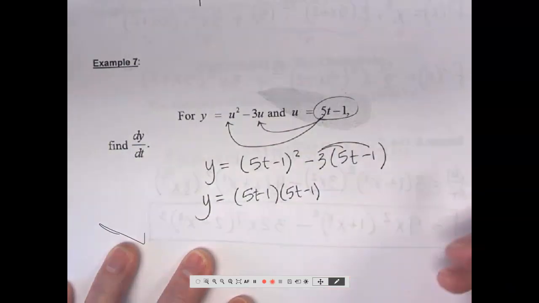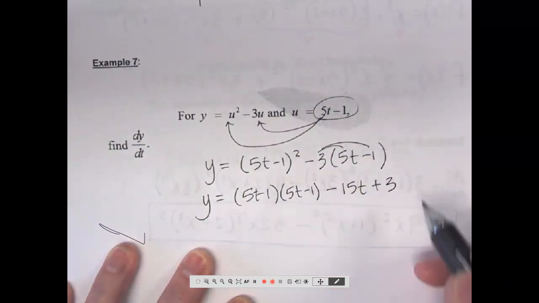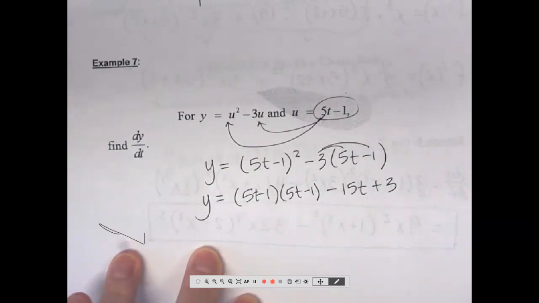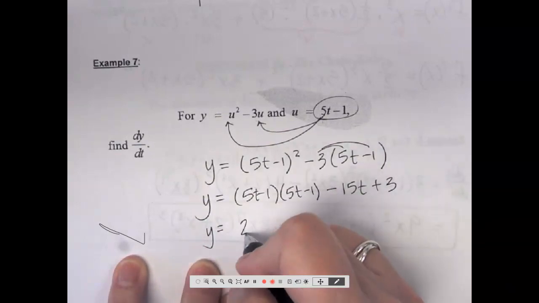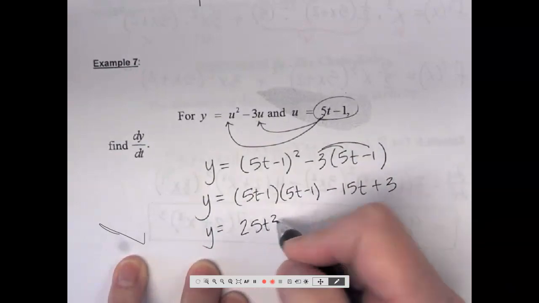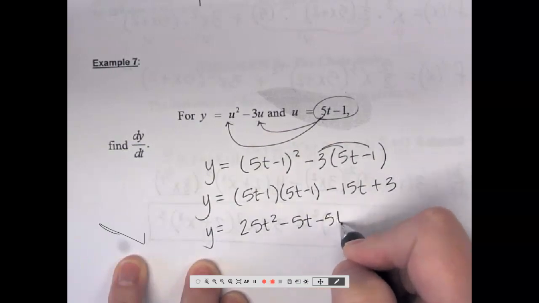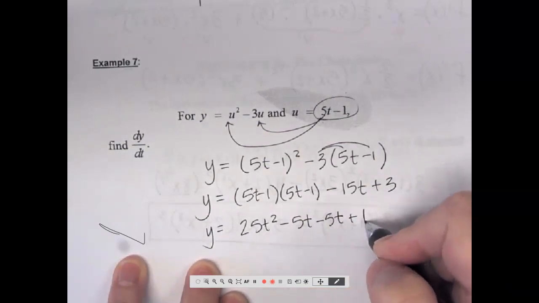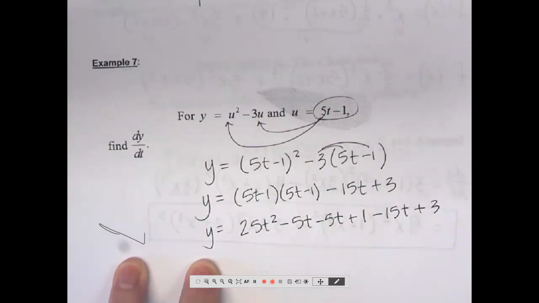I can distribute the 3 here, which is actually a negative 3. Then let's FOIL this out. 25t squared minus 5t minus 5t plus 1 minus 15t plus 3.